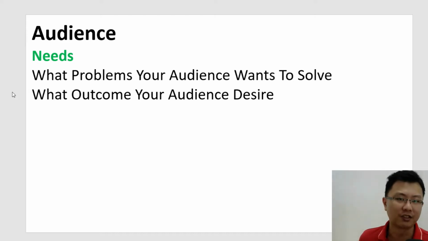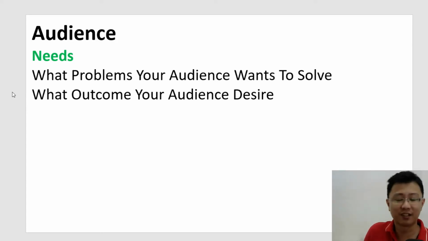But most of the time when you talk about weight loss, your audience has a number in mind, how much weight they want to lose. Or let's say you're a fitness coach, your audience would like to be able to run a marathon. I don't actually know how long it takes to run a marathon.